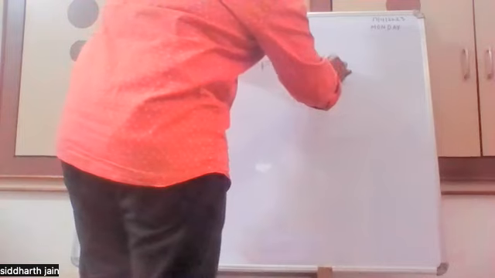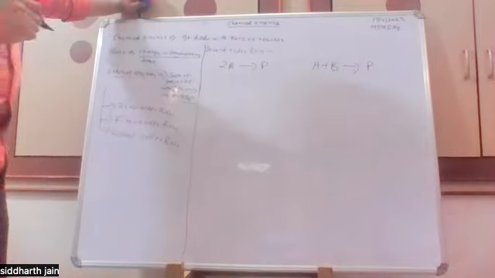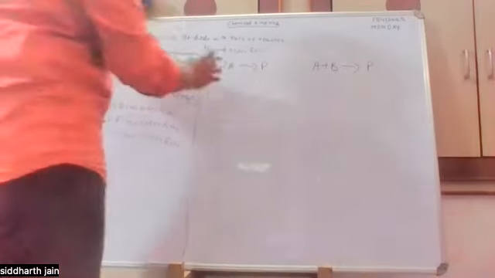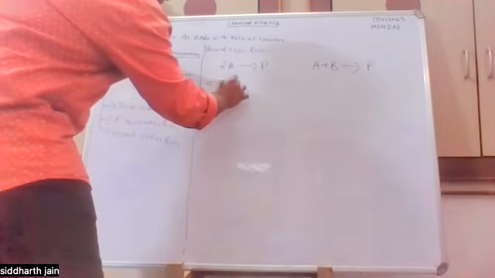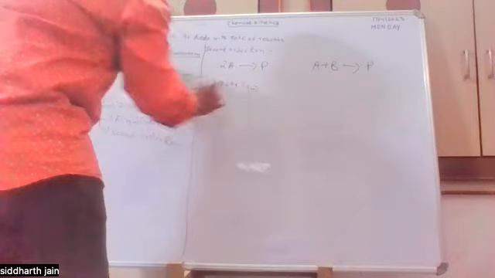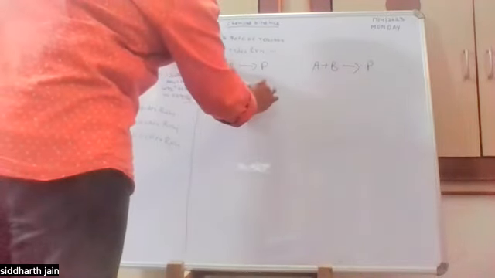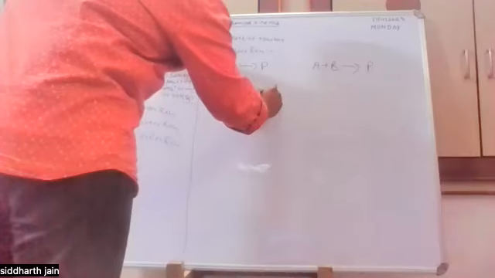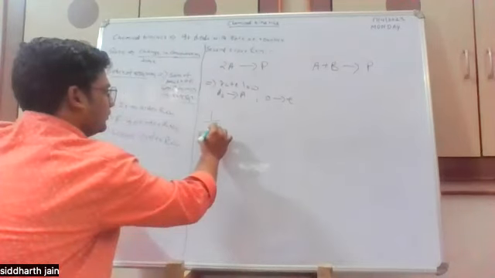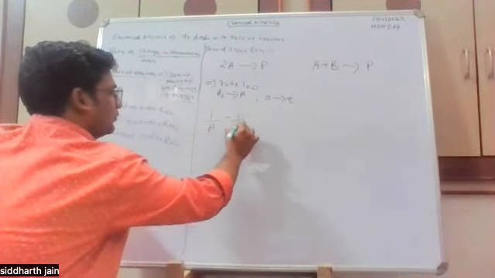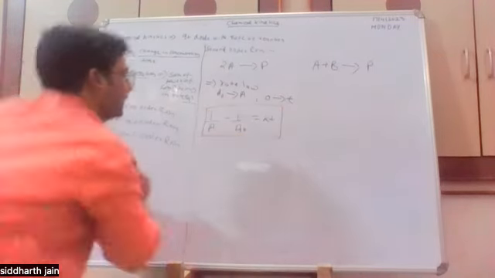Or if two different molecules are colliding and forming the product, like A plus B goes to product, this can be the second case. If in this case we derive the rate law using the constraints like concentration has changed from A naught to A and time from 0 to t, we get the equation, this is the equation for the rate law which we get.